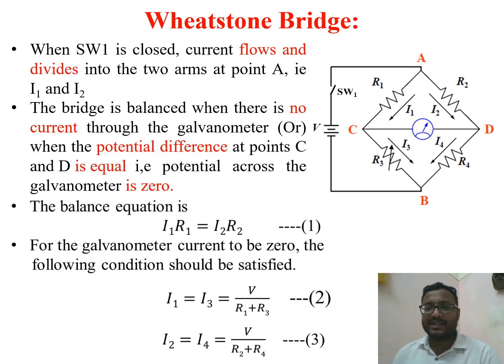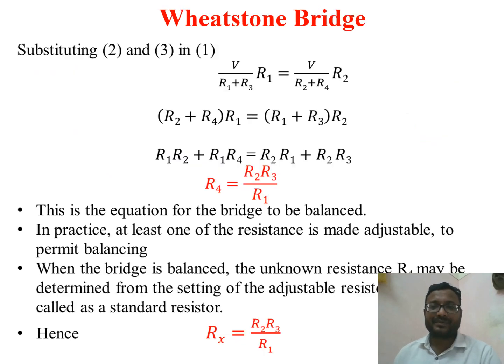When you observe the circuit diagram, R1 and R3 act as a series circuit, so I1 is equal to I3 is equal to V divided by R1 plus R3. The same thing at the A to B terminal points: the resistances R2 and R4 act as a series circuit. Therefore I2 is equal to I4 is equal to V divided by R2 plus R4.